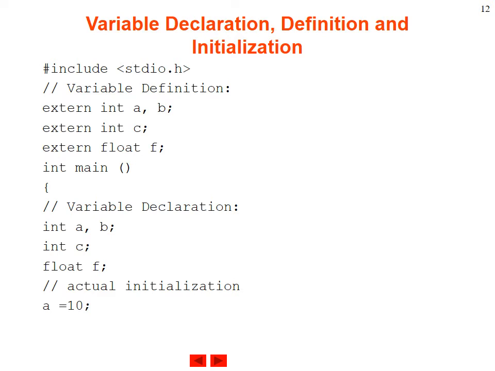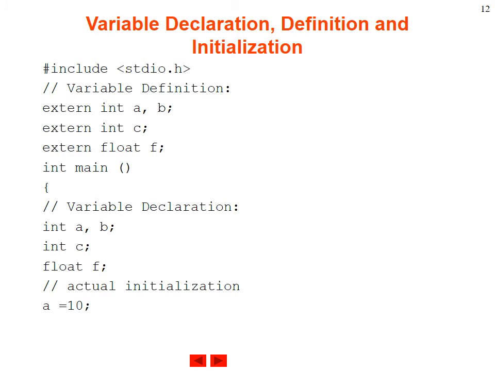Then initialization, you are now saying for the value of variable a, it should now be 10. That means the address of a holds the content, and the value is 10. So you are now initializing the value there.